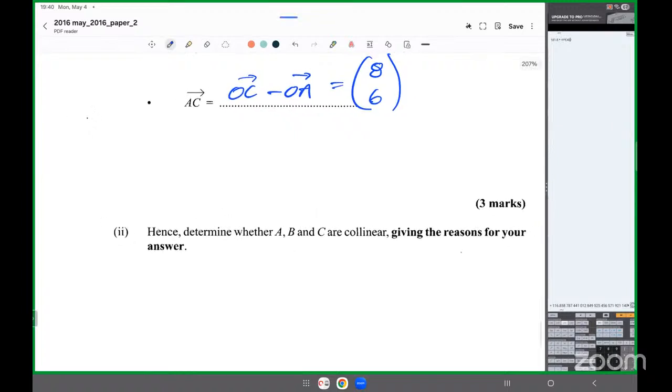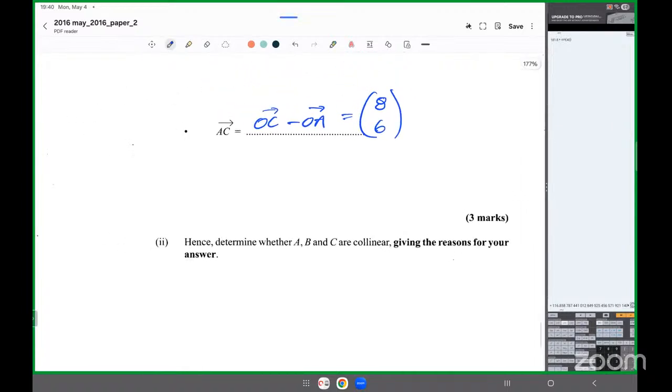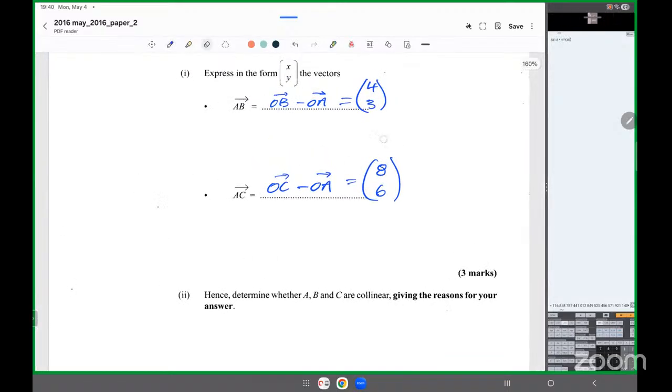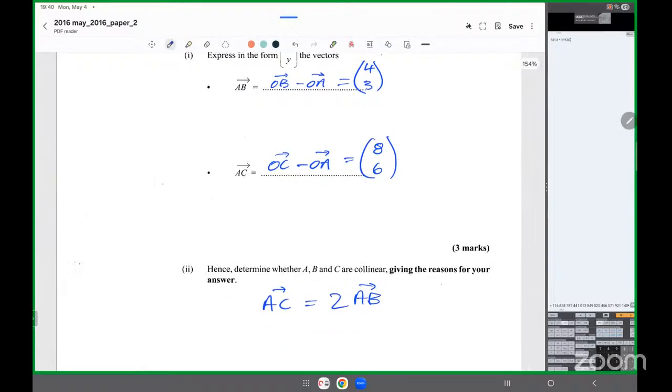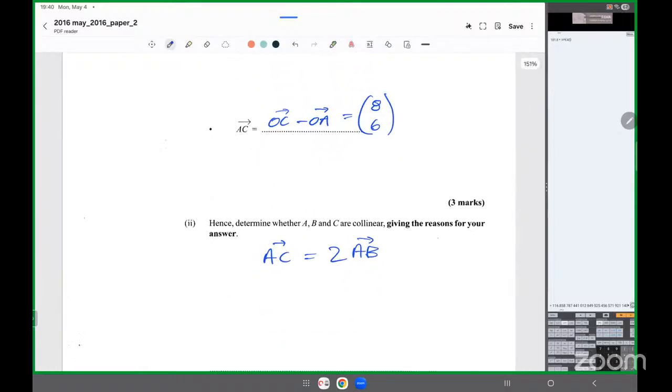Yes, they are collinear. You can see it in the numbers. I don't have to do anything with this because this one is obviously 2 times this one. So the big one AC is 2 times the small one AB, which means that they are parallel and have a common point.